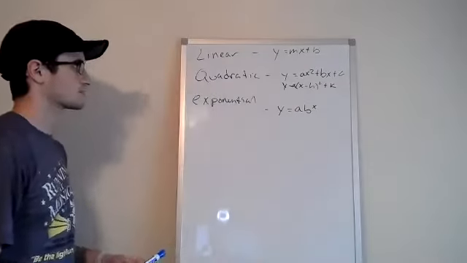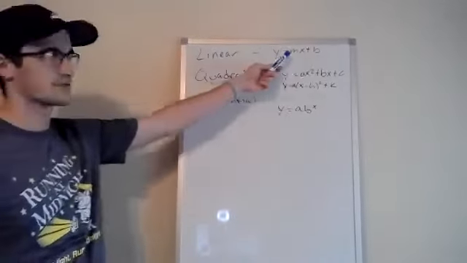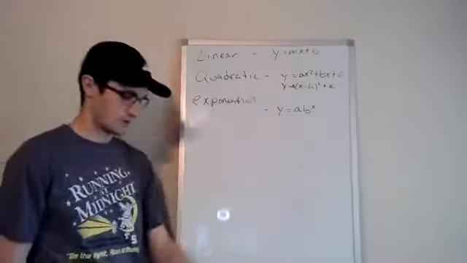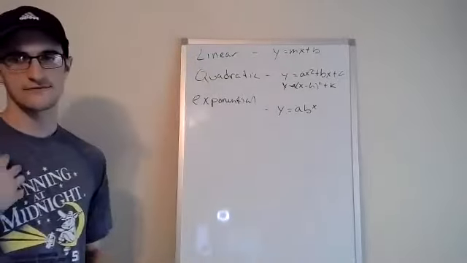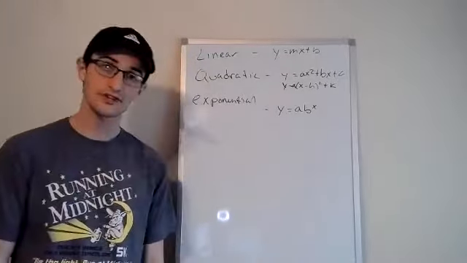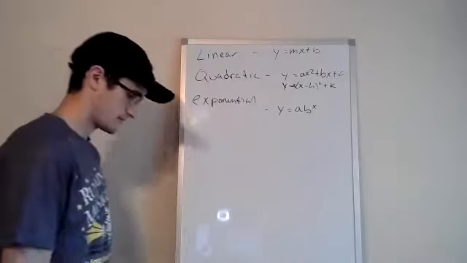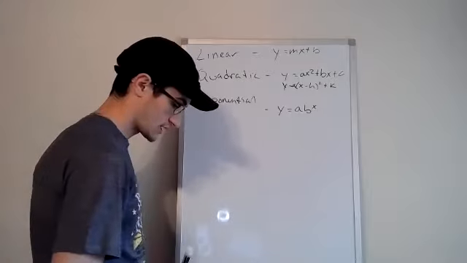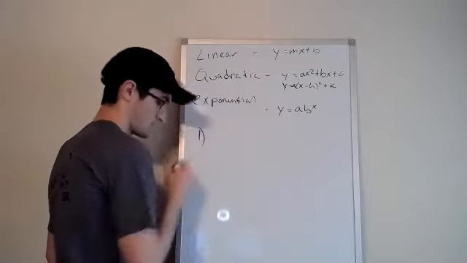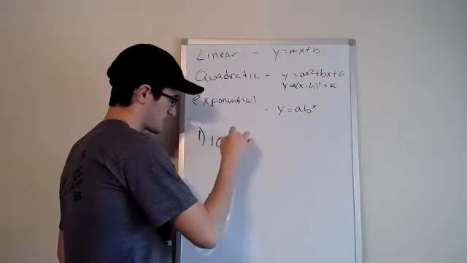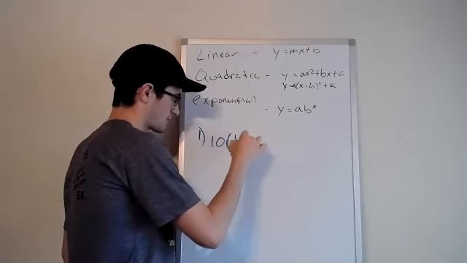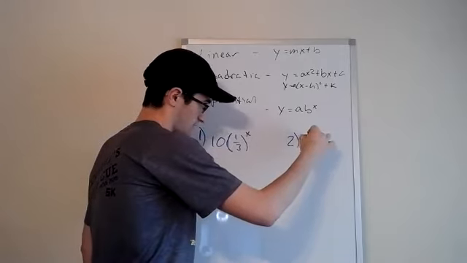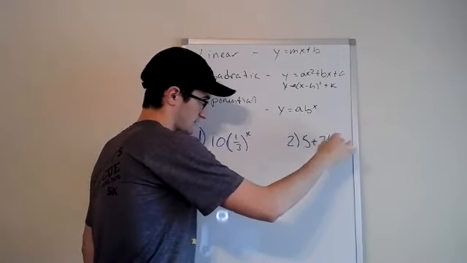We have two forms for quadratics. I think they're all going to follow some variation of this form, for linear and then exponential as well. So I want to talk about some key differences that you can just look at in the function and see which one it might fall into. If you look at number 1 and number 2, number 1 is 10 times (1/3) to the x, and number 2 is 5 plus 7 times x.